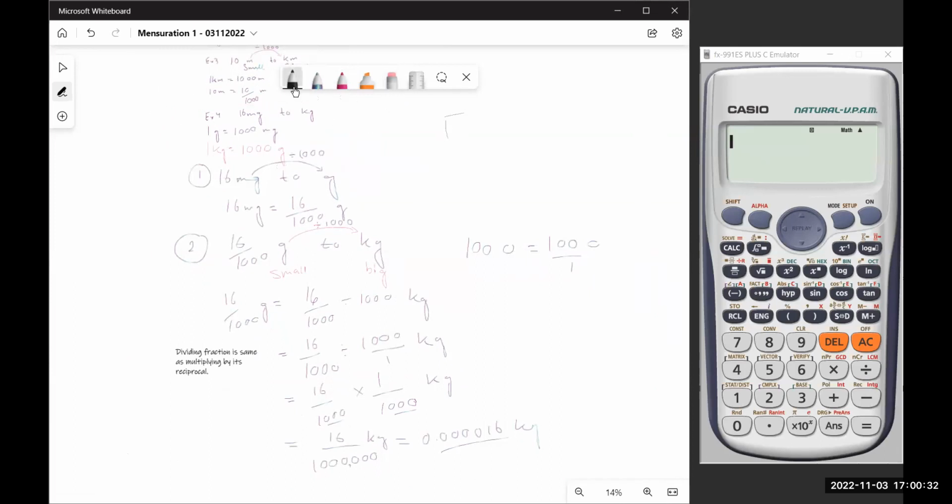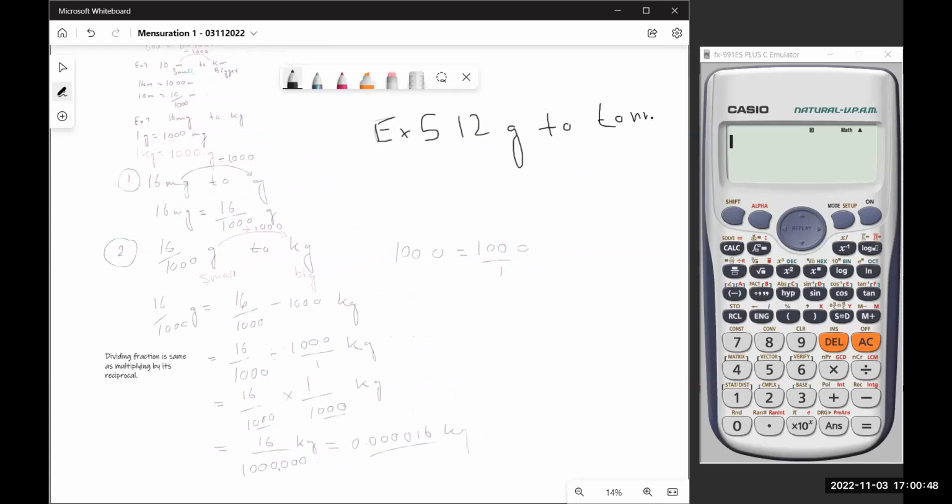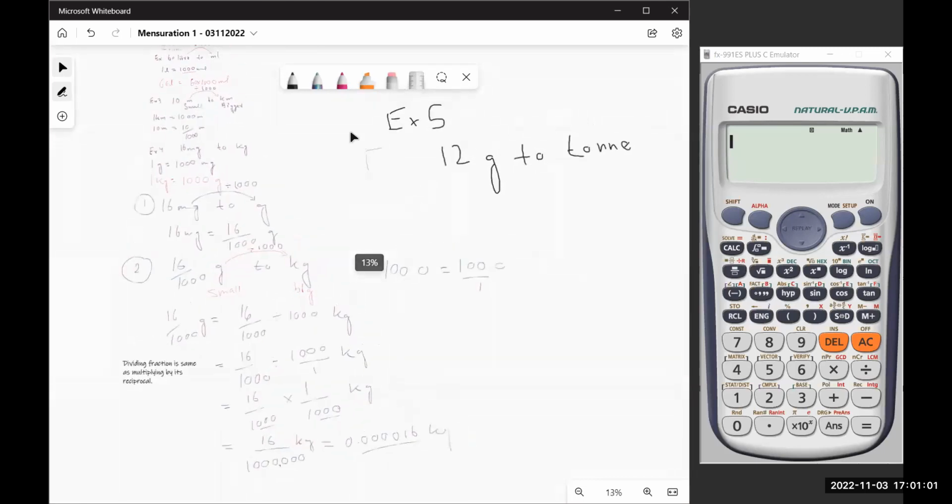Example number 5, which is you have to go from 12 gram to ton. That's the next question.